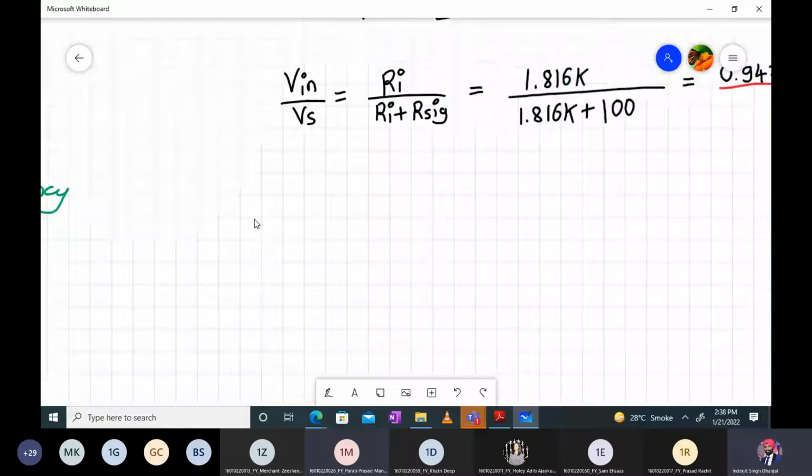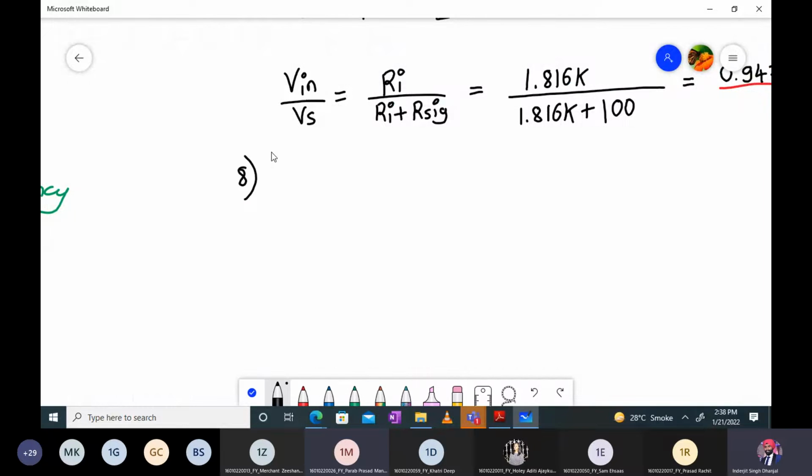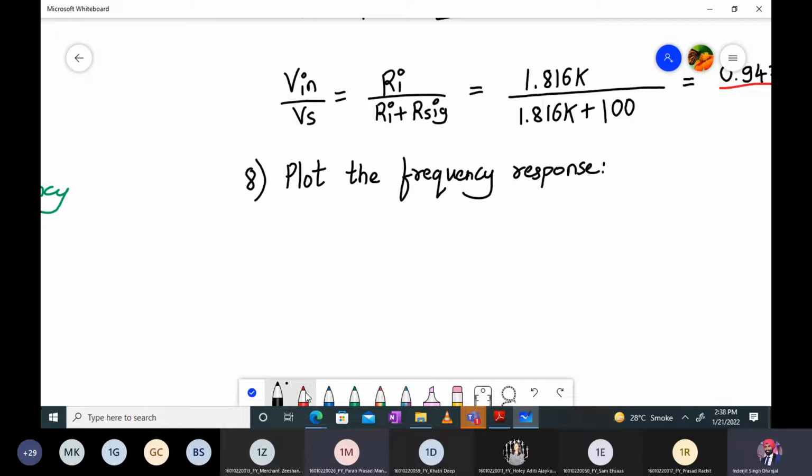Last step is plot the frequency response. Okay, so let's plot the frequency response together. So here we have y-axis, x-axis.